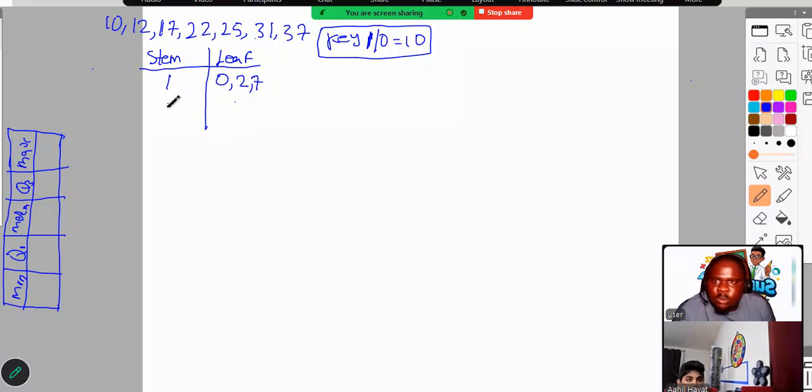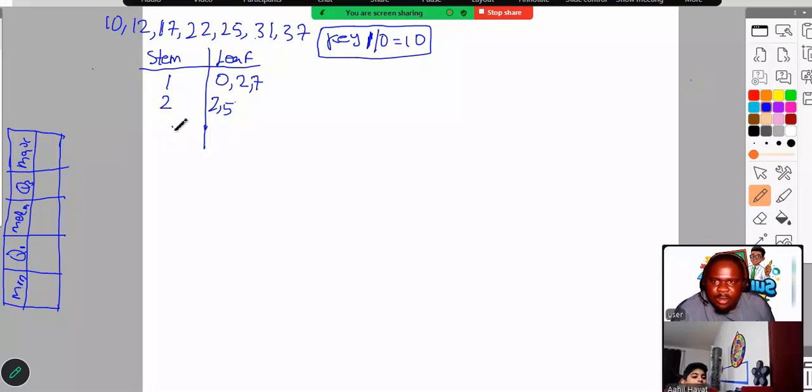Let's talk about 2. 2 and 2 will give us 22. Okay? Then 2 and 5. 2 and 5 will give us what? 25. Okay? Now, we'll drag it down again.